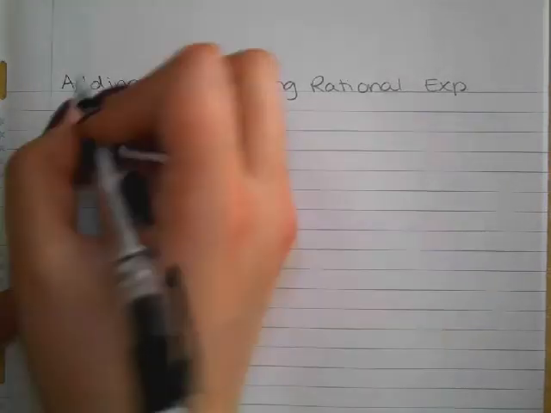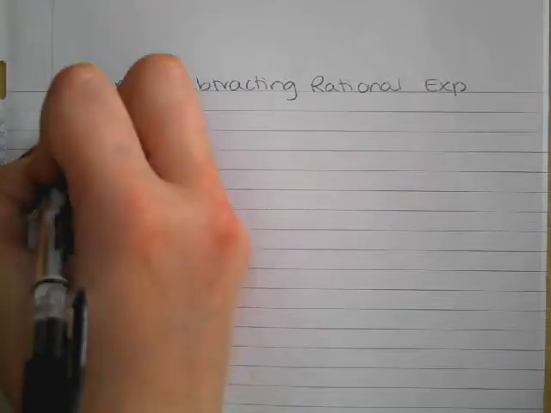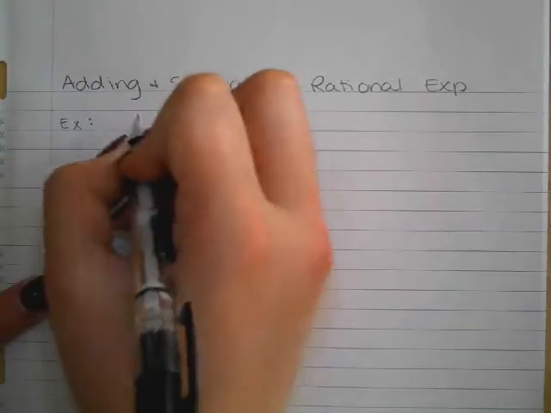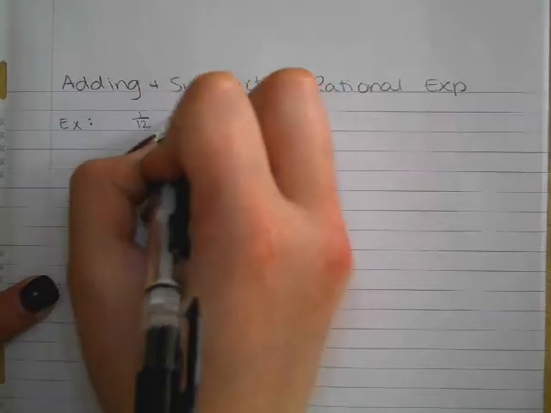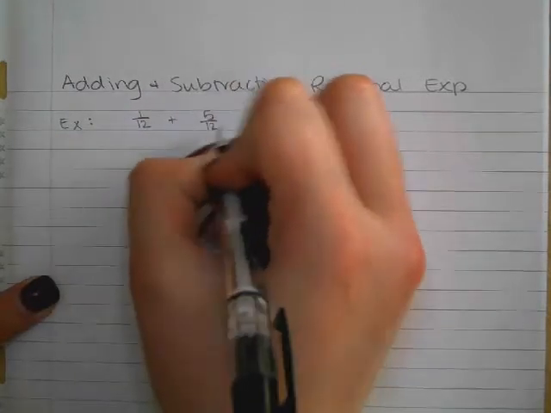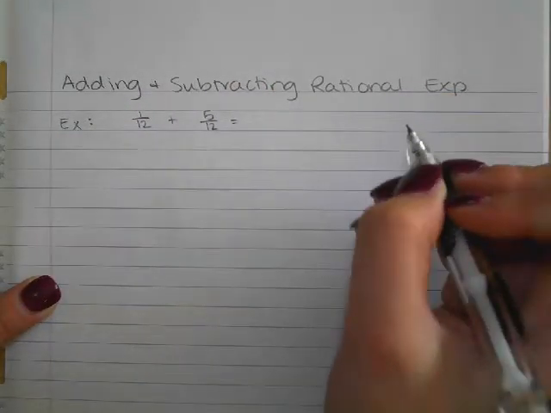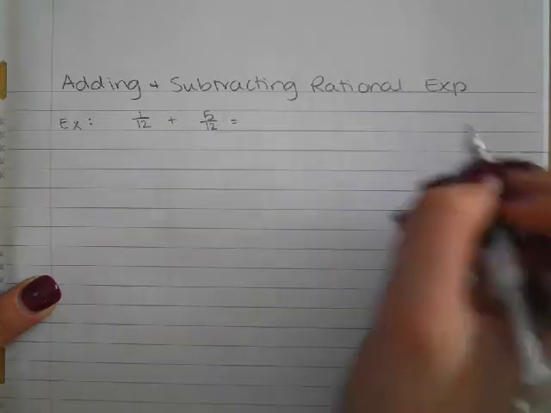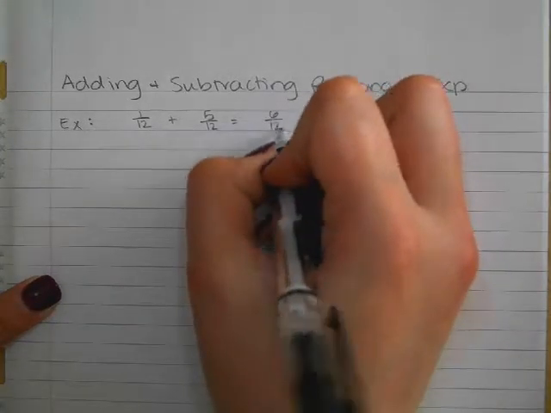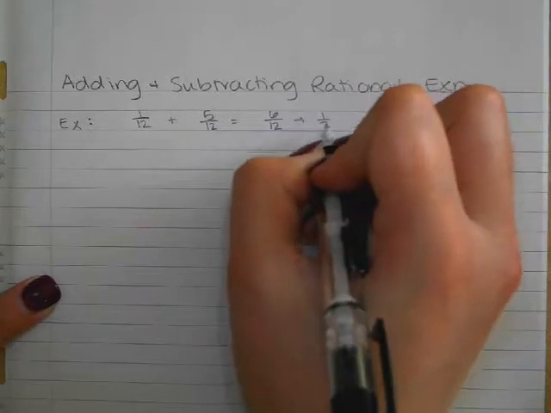So if I wanted to add 1/12 plus 5/12, I wouldn't say that was 6/24. I would say that that was 6/12, which is 1/2.